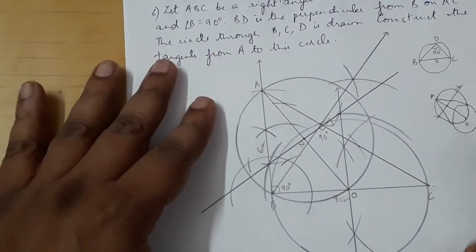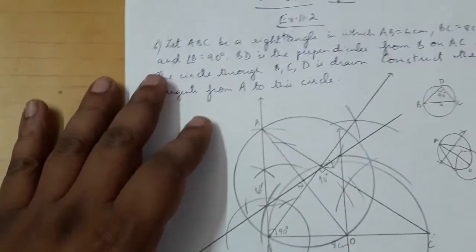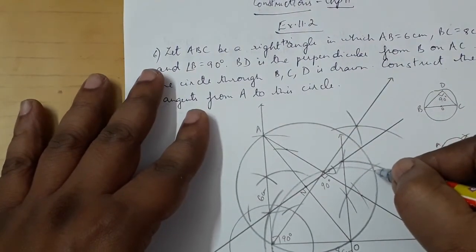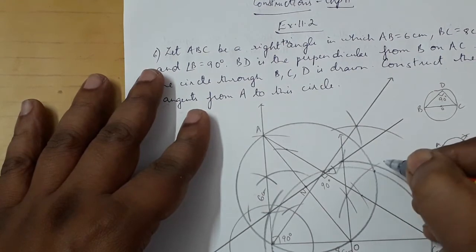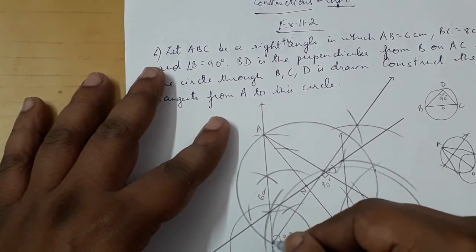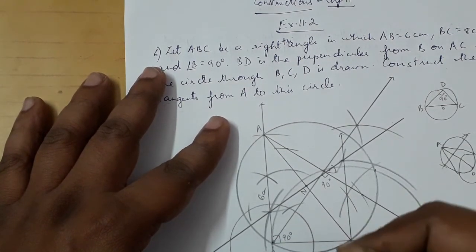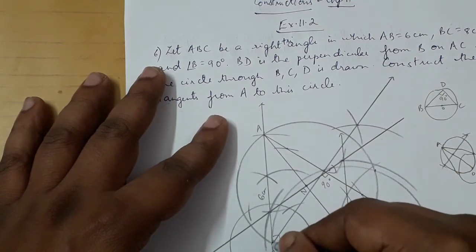Now we need to mark the points where the 2 circles actually meet or intersect. That is at this point, and another one is at this particular point.